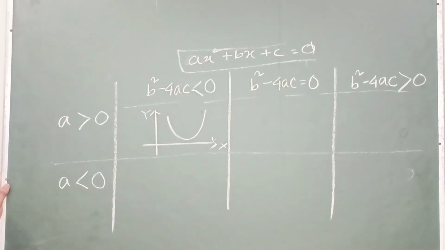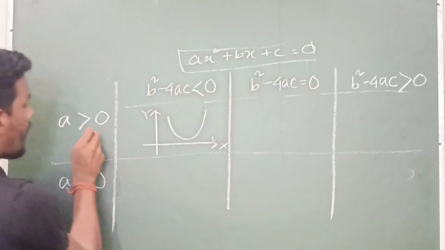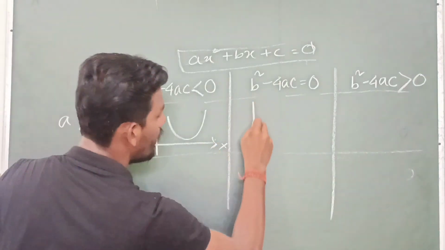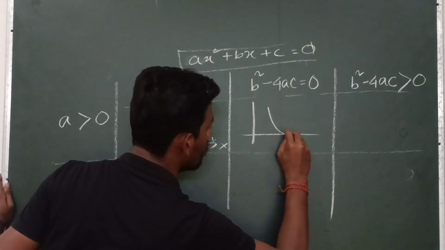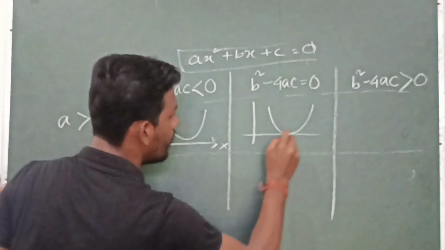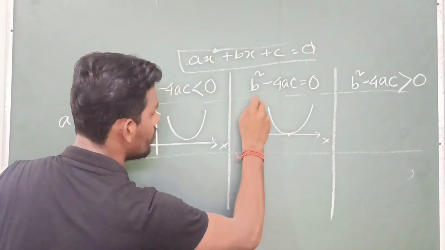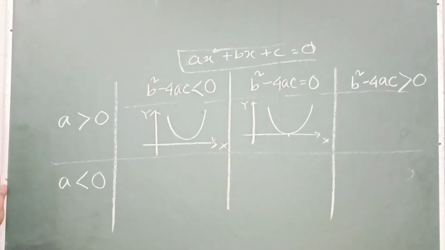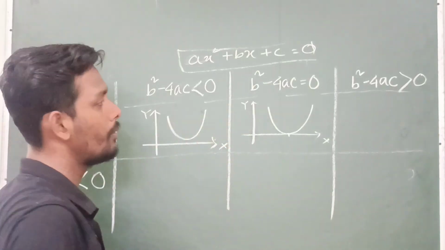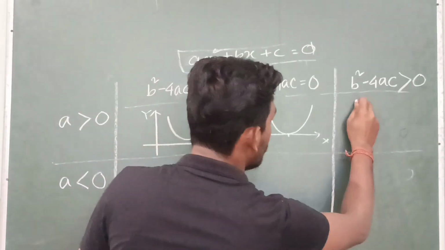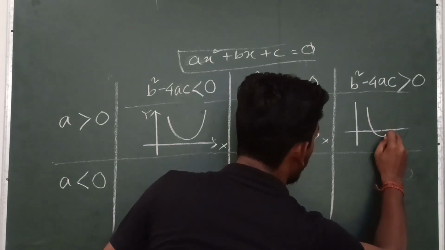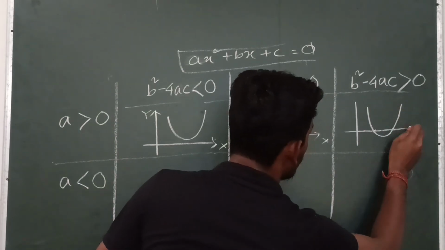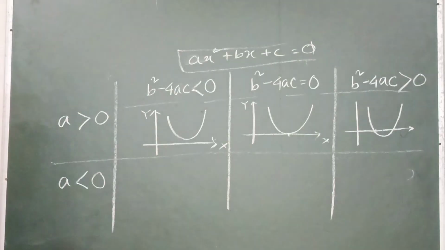If it is equal to 0 and a is greater than 0, in that case it will just touch the x-axis. And if it is greater than 0, meaning a positive value, in that case the graph will intersect the x-axis at two distinct points.